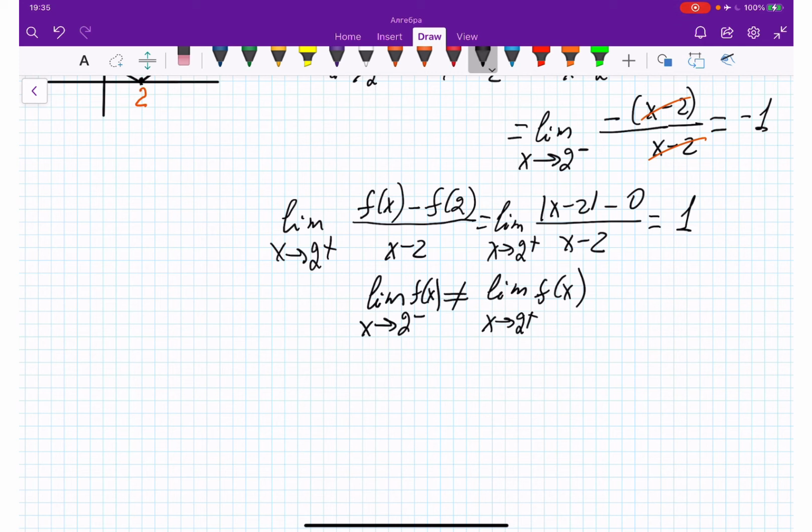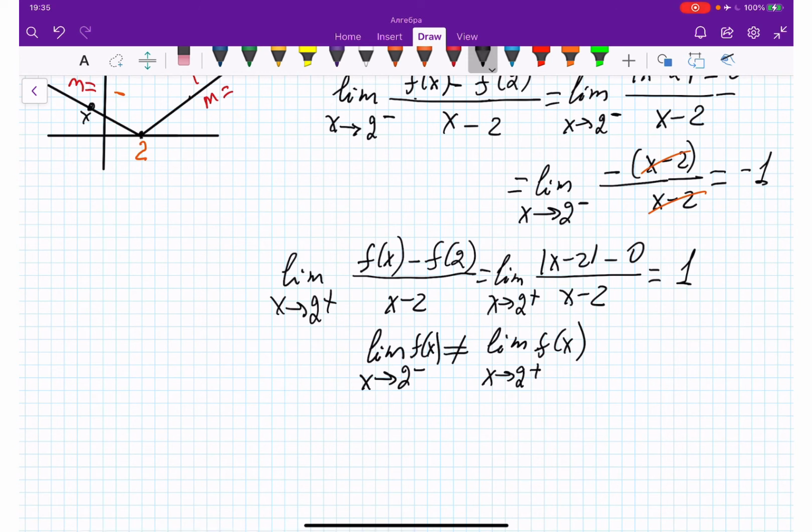Okay, therefore, the function is not differentiable. The function is not differentiable. Okay, and the graph of f does not have a tangent line at the point (2, 0). There is no tangent line at the point (2, 0).